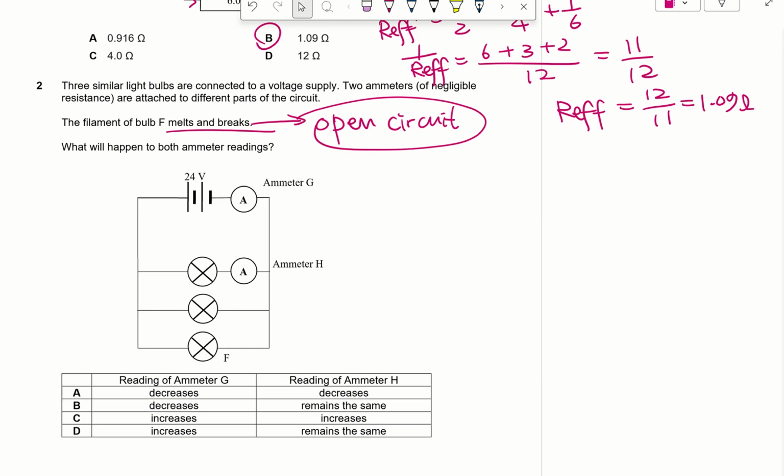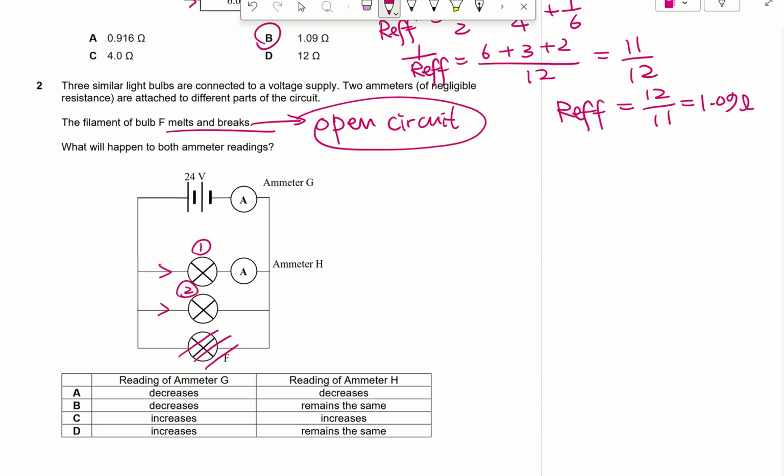So bulb F is broken, right? So now we only have current that flows in here, the first bulb, I call this bulb 1, and flows in bulb 2.